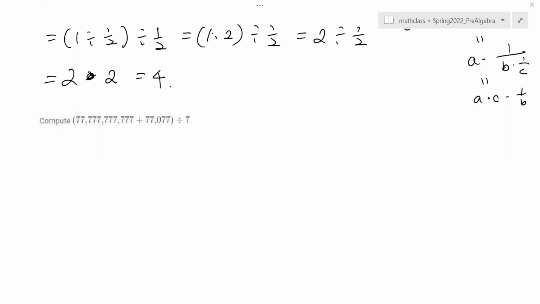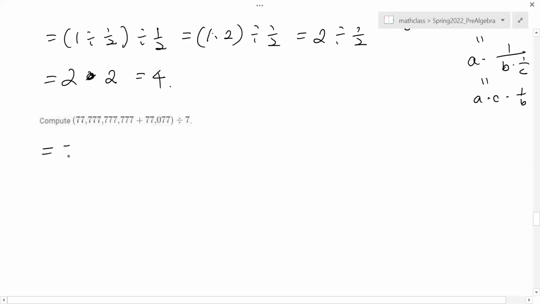When you see so many sevens here, we separate them first.